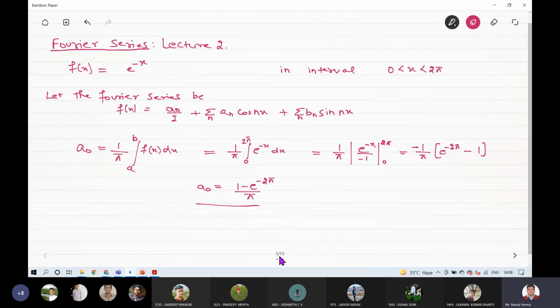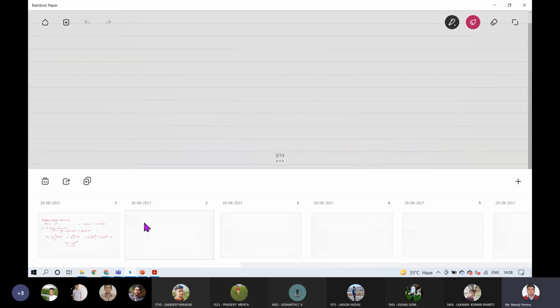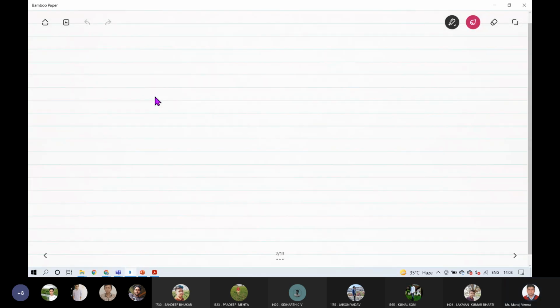Okay. Similarly, we can also find the value of a_n. As we know, the value of a_n is given by the solution of this integral.